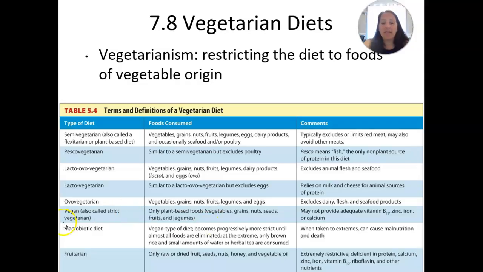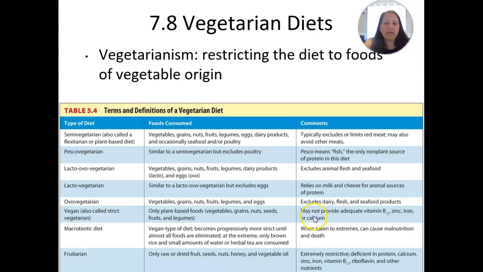Okay. Of note, people who follow a strict vegan or strict vegetarian diet may not get adequate amounts of vitamin B12, zinc, iron, or calcium. Okay, and so for these vitamins and minerals, you require meat or eggs or dairy to get these.